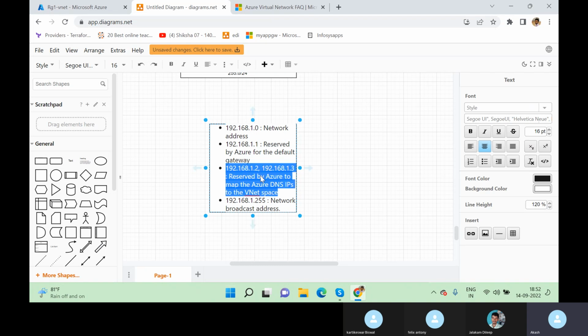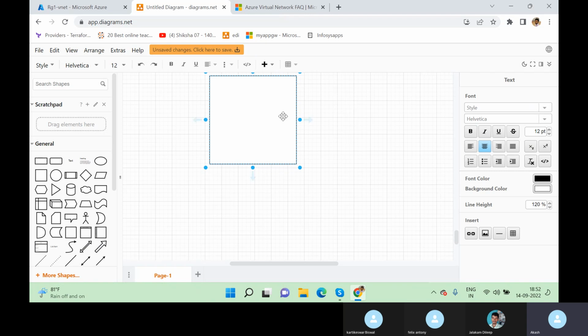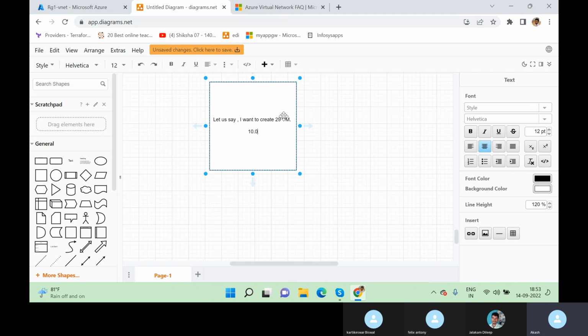Now let me ask a question on this. Let us say I want to create 29 virtual machines, and my CIDR of my VNet is this.